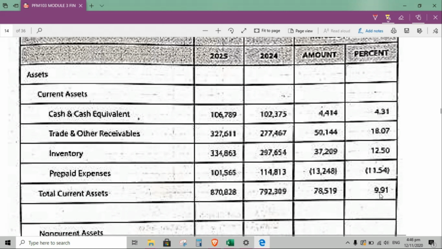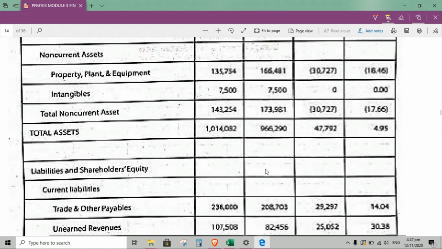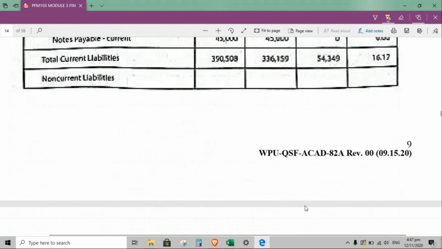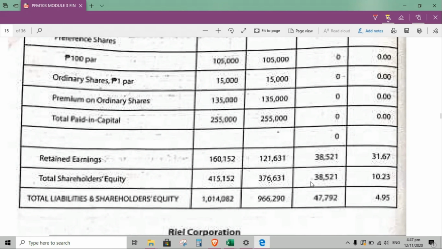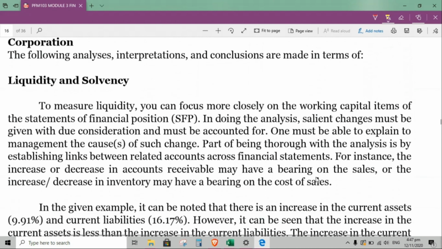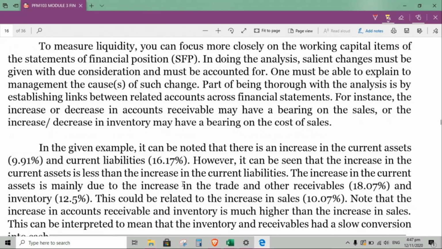So, 9.91% siya. At yung current liabilities niya naman, yan, 16.17%. Mataas. Pero, sabihin, mas mataas yung kanyang current liabilities kaysa current assets niya. Okay? So, however, it can be seen that the increase in the current assets is less than the increase in the current liabilities. So, yun yung sinabi ko lang, diba?